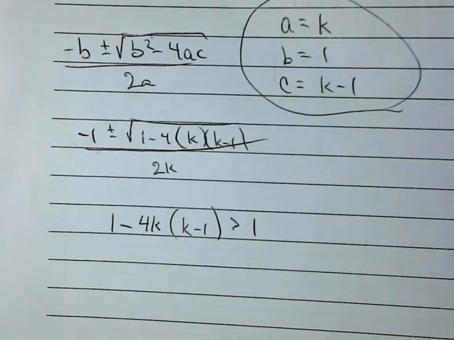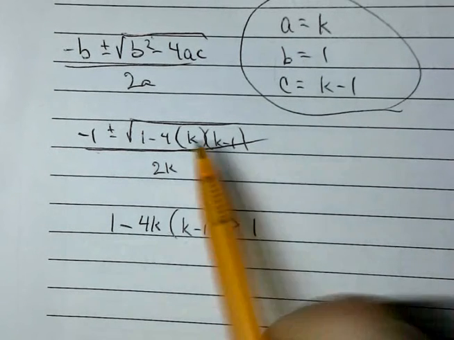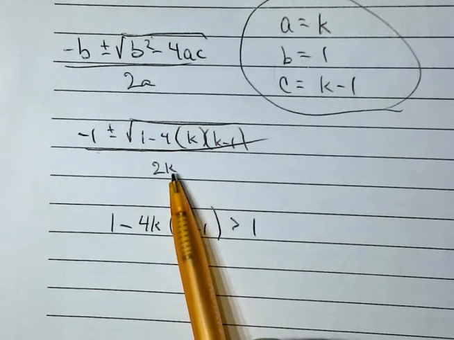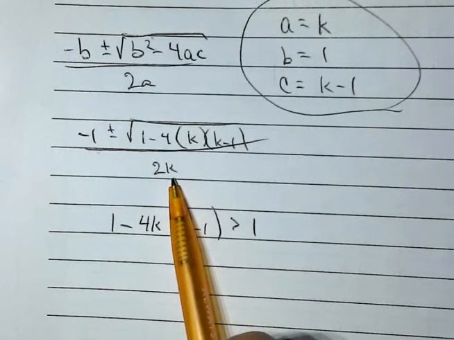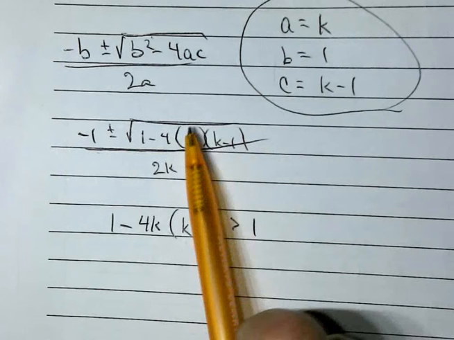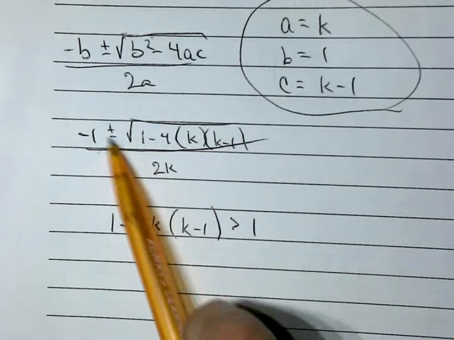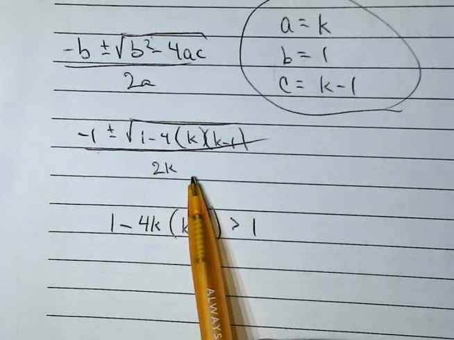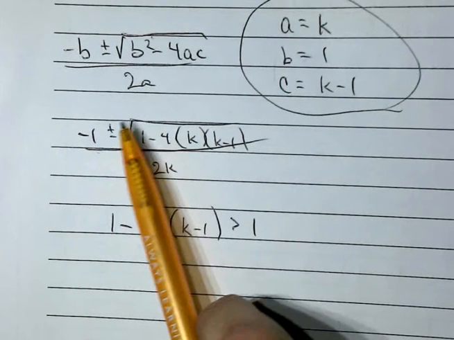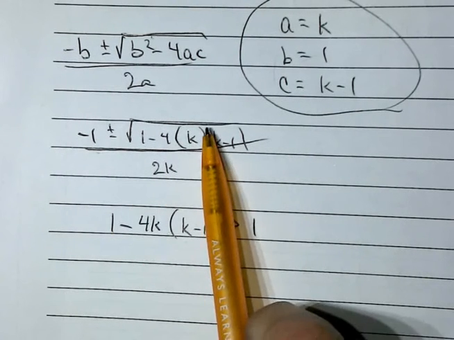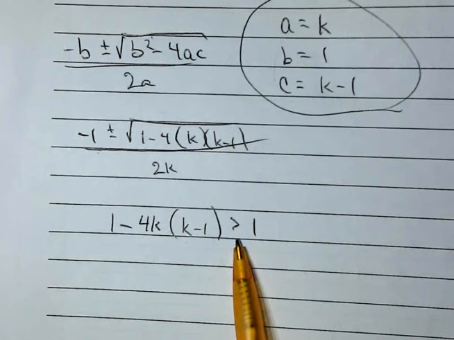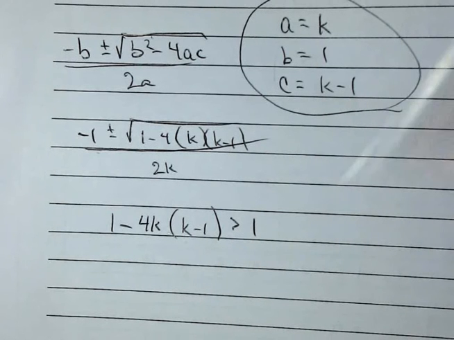We don't want them to be equal to or greater than 1? Well, if it equals 1, I get 0. And if what I get under here comes out to be 0, then I'm only going to get 1 positive or 1 negative, because 1 plus 0 is the same as 1 minus 0. So you've got to make this be greater than 1 to guarantee 1 positive and 1 negative.